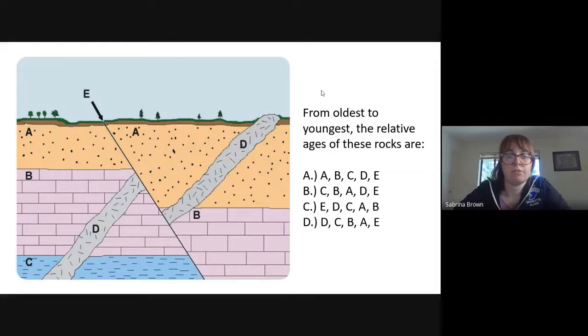And the correct answer is, from oldest to youngest, we have C, B, A, and then our igneous intrusion D, which cuts across all this fabric. And then E is the youngest because it cuts across not only our layers, but also our cross-cutting igneous intrusion D.